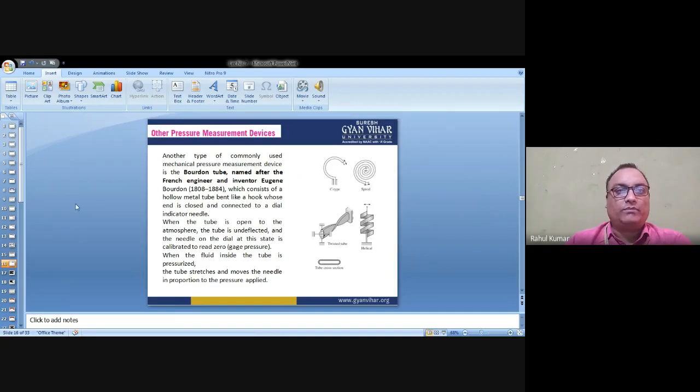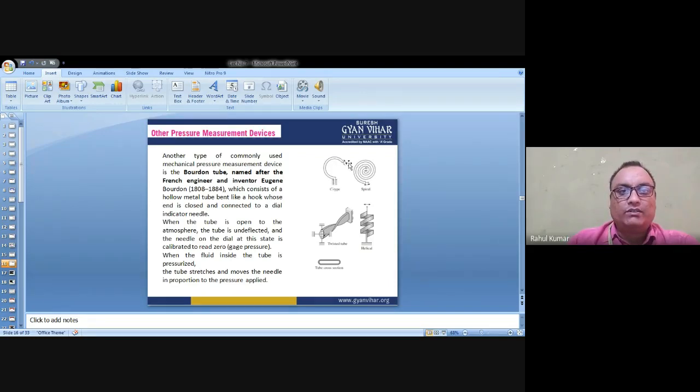Then move to the other pressure measuring devices. These are the pressure measuring devices which are directly used to measure the pressure, and this is called the Bourdon tube. Bourdon gauges are the most common mechanical devices used to measure pressure. A Bourdon gauge is a hollow metal tube that is closed at one end and bent into a C configuration, just like this.